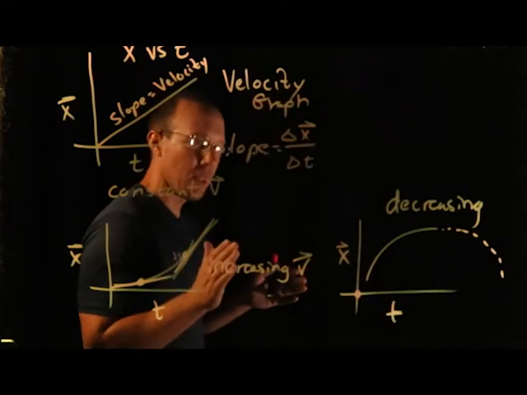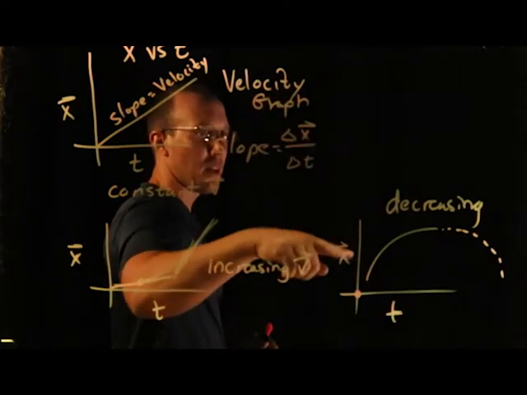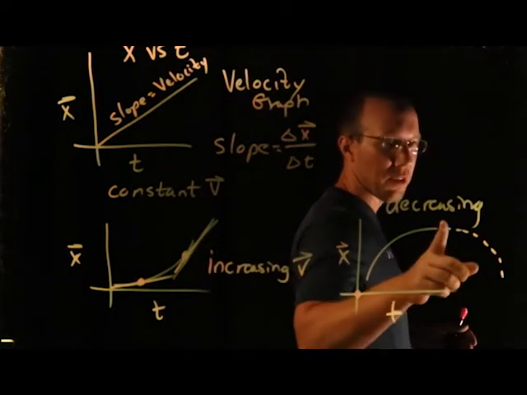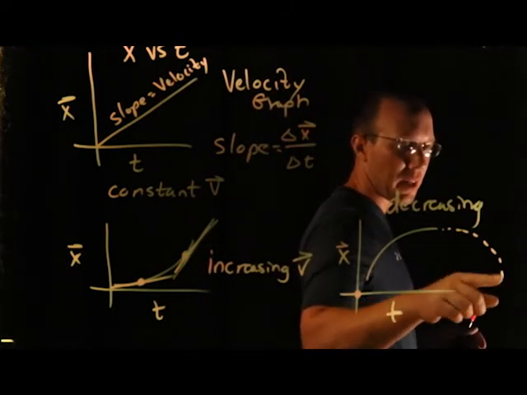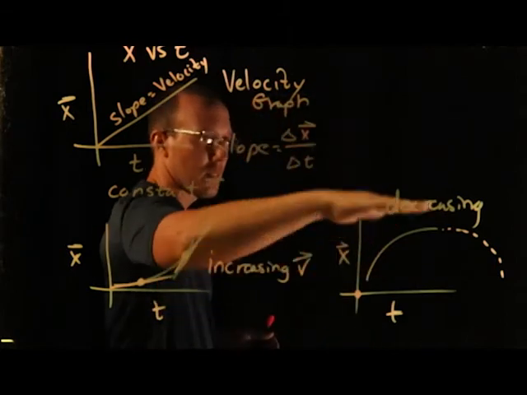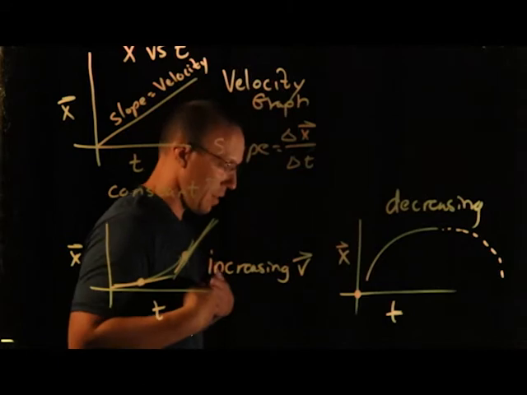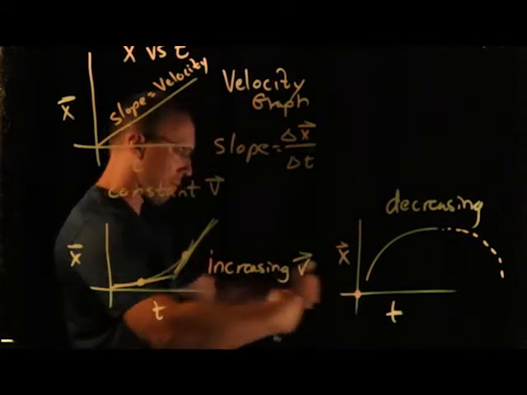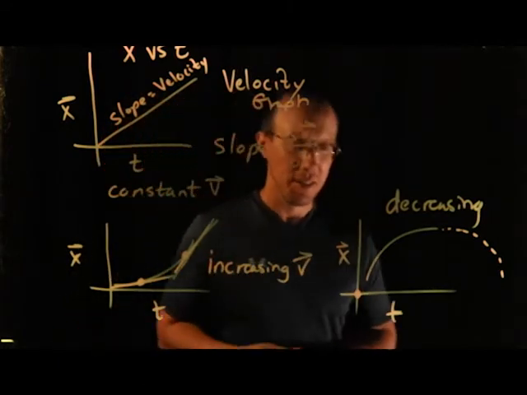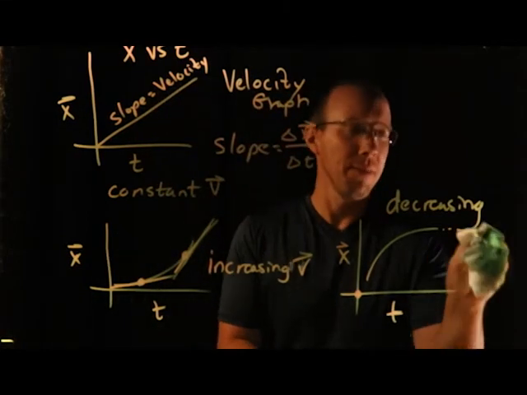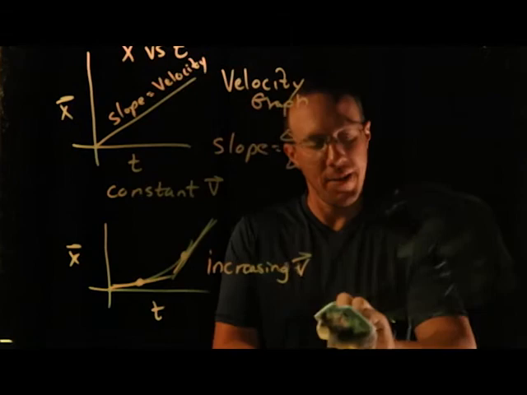Then we'd be moving away from 0 in the positive direction. We would stop, and then we would be coming back towards the 0 point. So this all takes place in front of where you started. It can get more complicated than that, as with everything else.